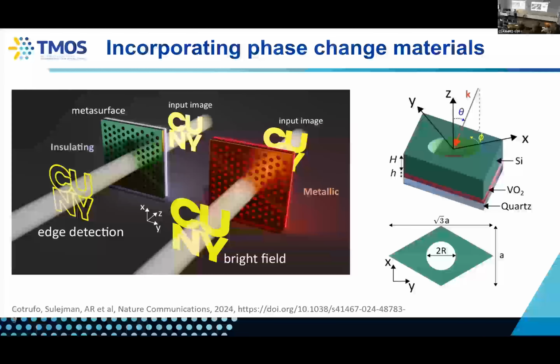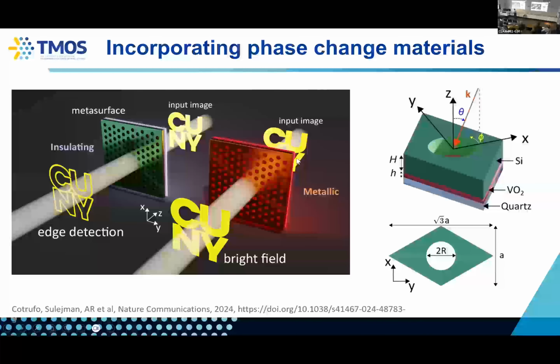More recently, in work that was led by my former student, Shaban Suleiman, and done in collaboration with Andrea Alù's group at CUNY, we looked at incorporating a thin layer of phase change material, vanadium dioxide, into this particular structure over here.